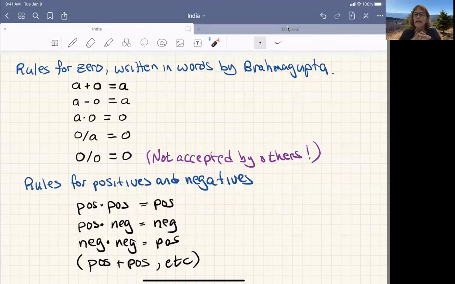So here are some examples of rules for 0. And keep in mind that at this time in history, we still don't have algebraic notation.